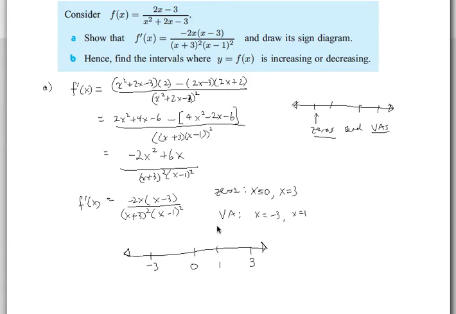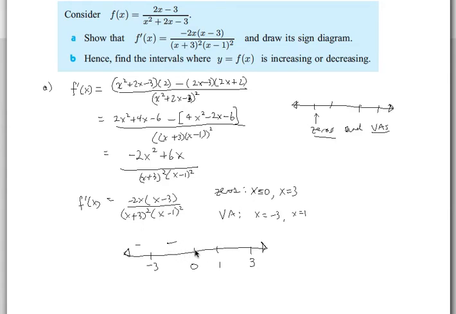Okay? If I put in a number less than negative 3, like negative 4, in here, and negative 4 in here, and in here, you're just going to have to test this, okay? You would get a negative here. Between negative 3 and 0, if I put, for instance, negative 2 into all of these, I would get a negative.